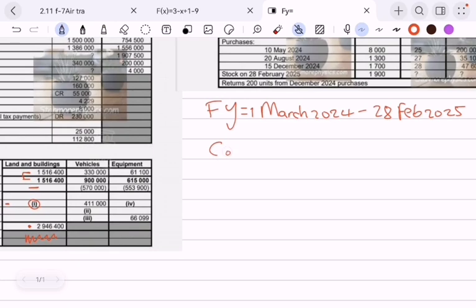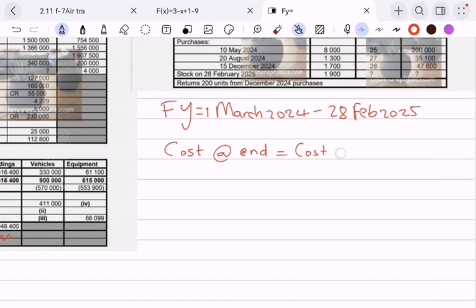So you know that your cost at end is equal to your cost at beginning, right? Plus your additions, minus your cost of disposal. That's the normal and basic formula for everything.